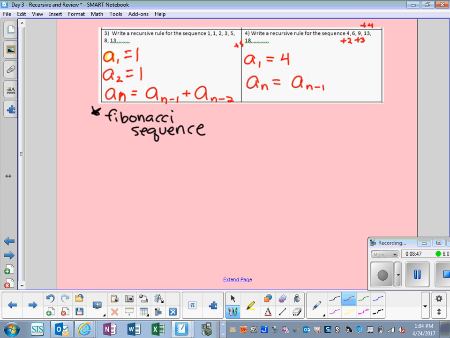What significance does that have? 6 is the second one, and 9 is the third, and 13 is the fourth one in the sequence. Right? So then you would take the number before and add it by whatever the n is, right?